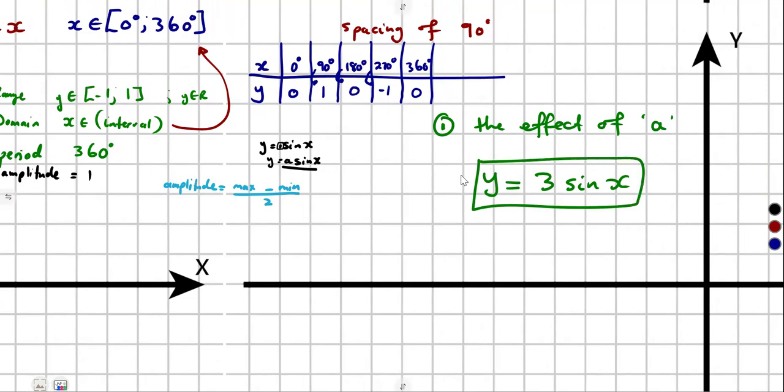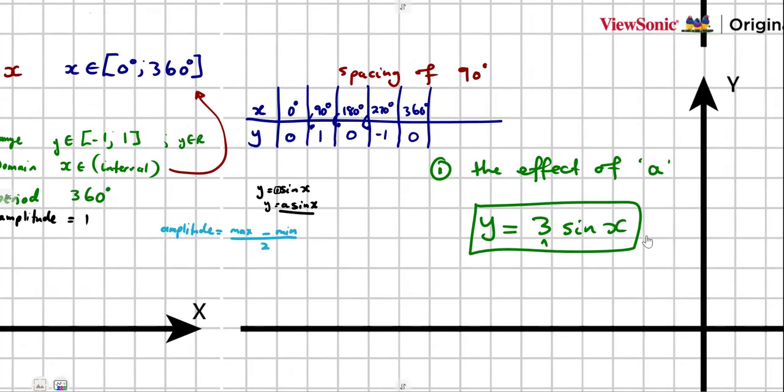There is no other effect there, it's just the 3 that you are given. It simply means when you substitute your values from 0 to 180, this will be multiplied by 3. So this will be 3. This will be minus 3.